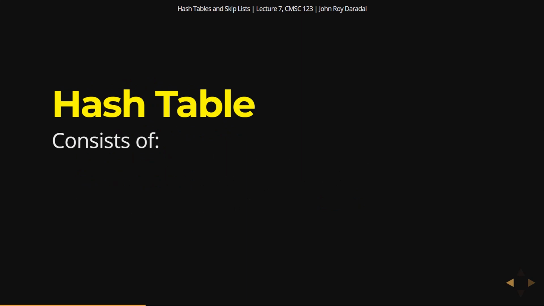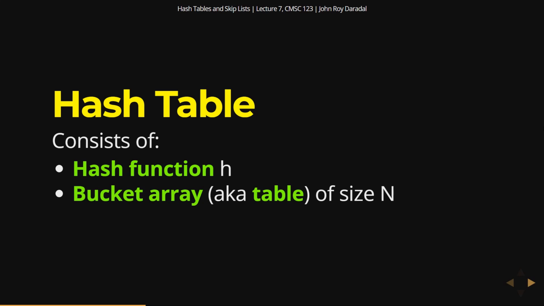So that is the idea for a hash table. A hash table consists of two things. One is the hash function, we'll call it h, and the other one is an array called the bucket array, also known as the table, of size n. So you have the hash function and the array, and together they make up your hash table.